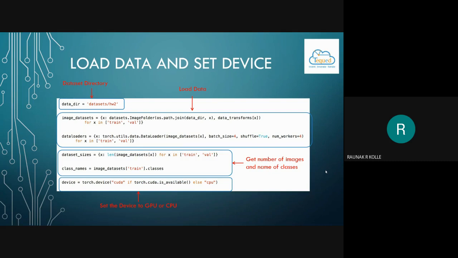We store the dataset directory under the name data_dir, and then we load the data using the image datasets and the data loaders. We then get the number of images and the names of the classes of the images. The class names of the images are with respect to the trained dataset. We then set the device to either GPU mode or CPU mode.